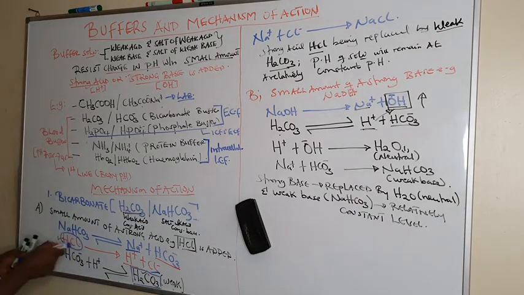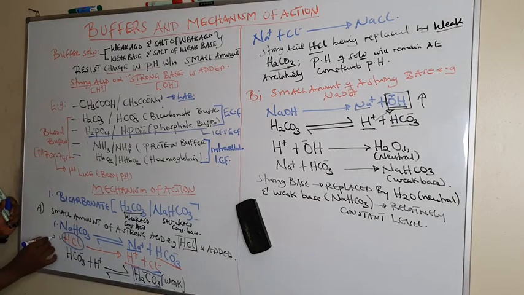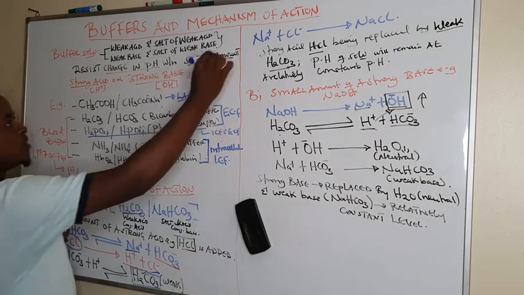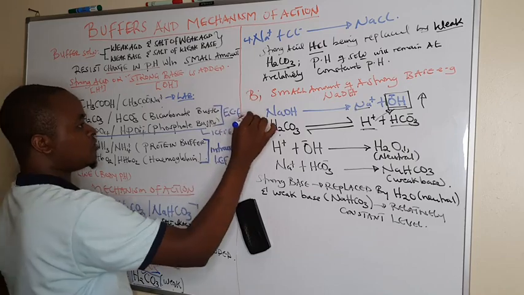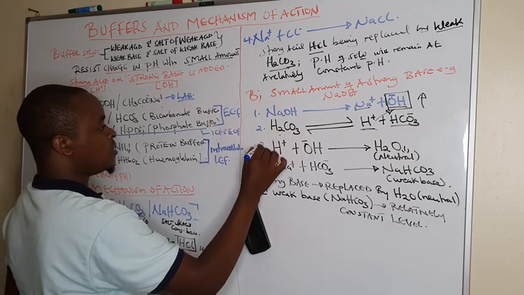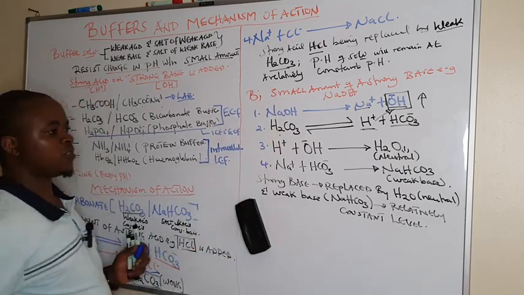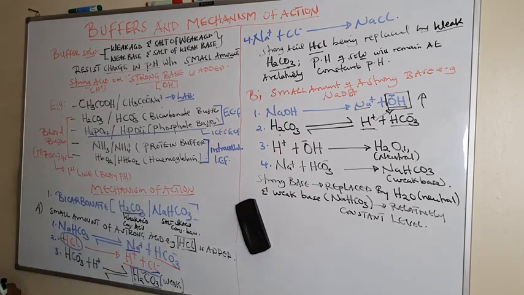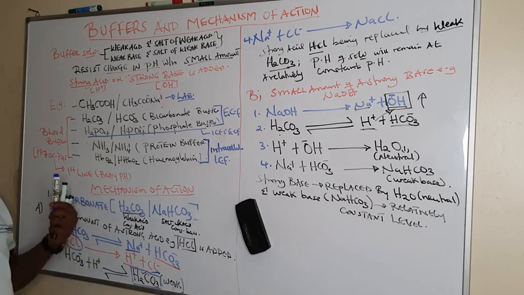You can appreciate that each side has 4 equations, and these equations carry much marks. So you have to make sure you have these 4 equations. So this is the mechanism of action of the bicarbonate buffer.